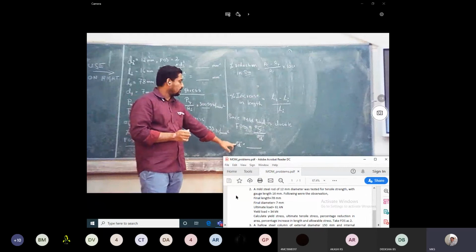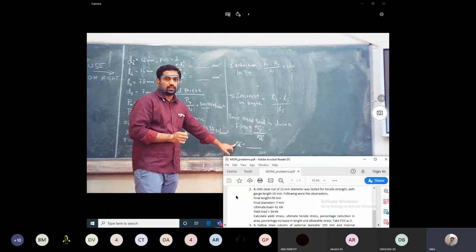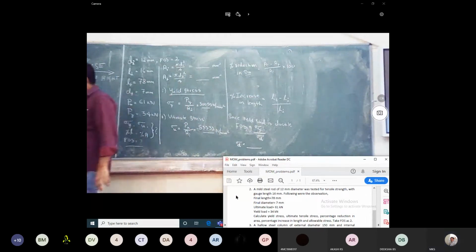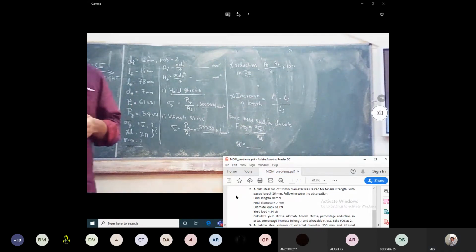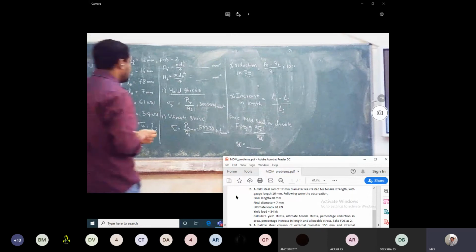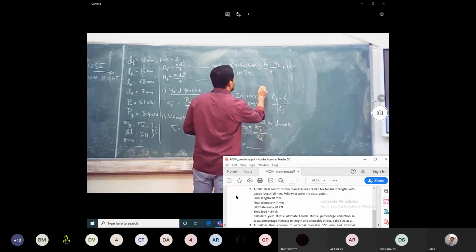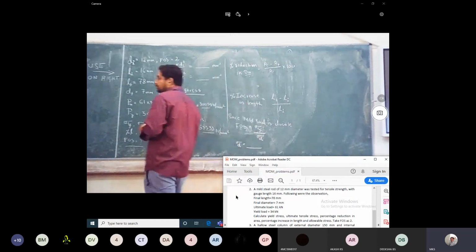Also find the allowable stress or design stress. So what is the answer for the percentage reduction in diameter?